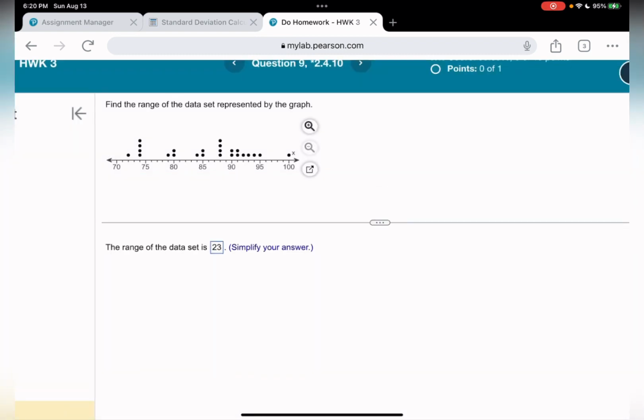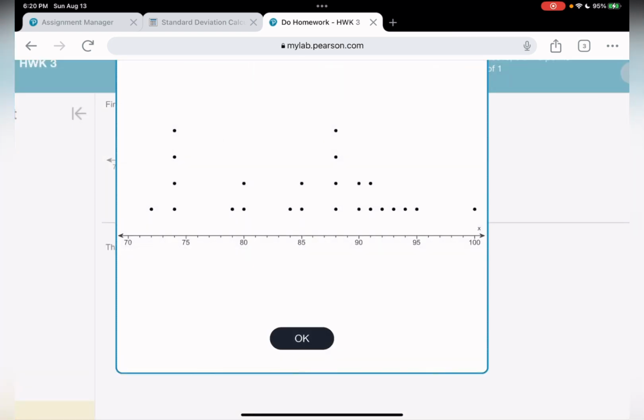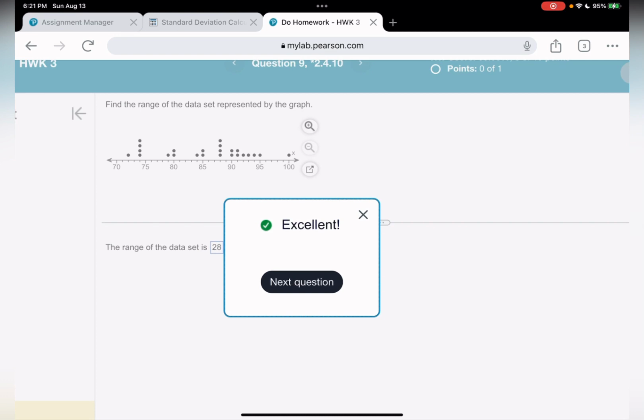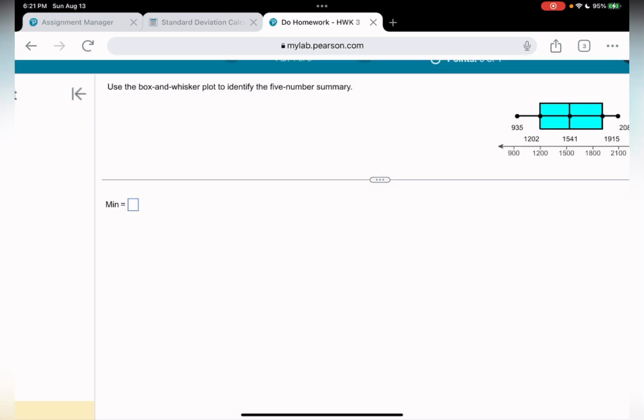What did we do wrong? Here we have high, 100. Oh, here it is 100. I didn't notice. Okay, 100 minus 72, and we get 28. Okay, we fixed it. Beautiful. Moving to next question.